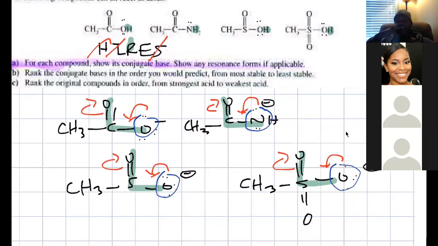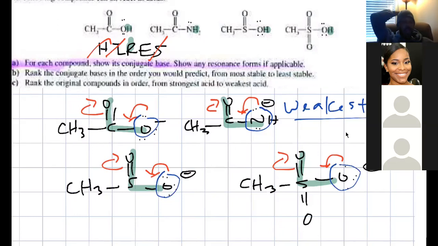Nitrogen. You would expect this to be the weakest. Is that right? Why? Would it be because of the electronegativity difference? Yes. So now you got resonance and electronegativity, but since they can both do resonance and delocalize the charge, we need to think about another factor. And in this case, it's going to be electronegativity.